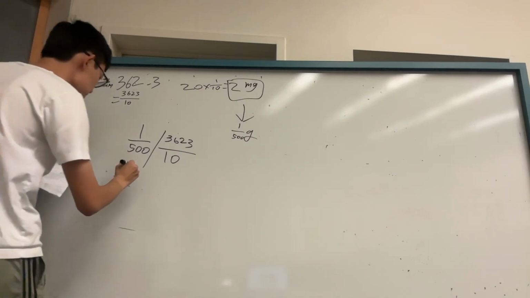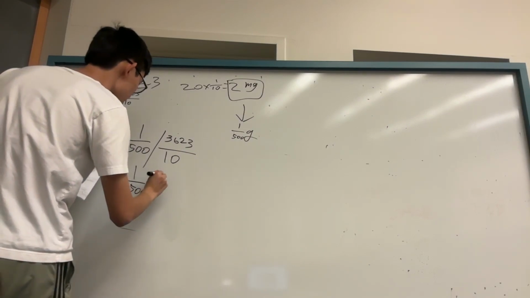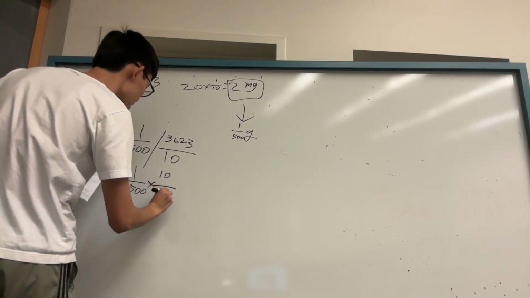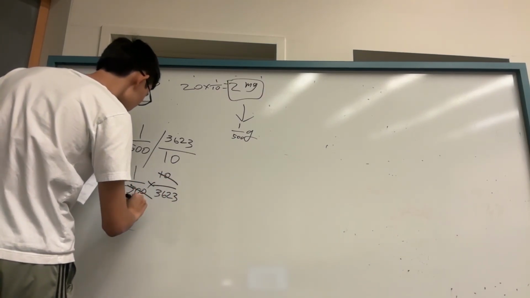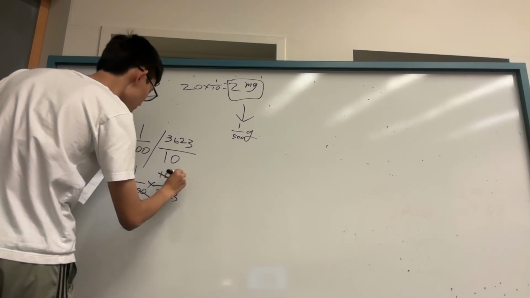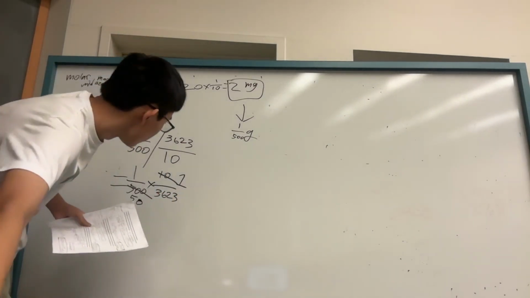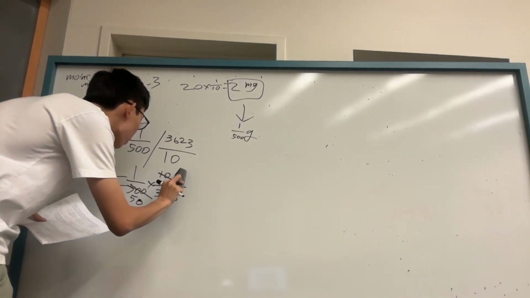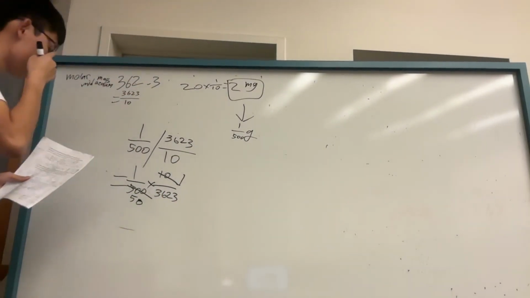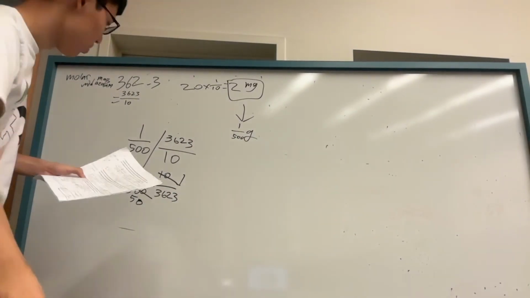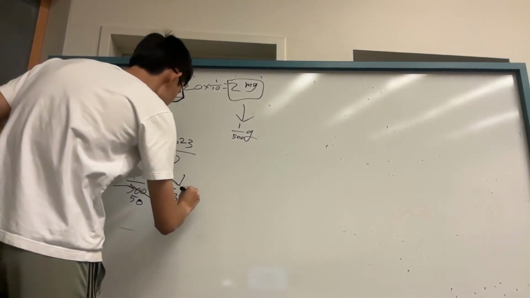So this is times the reciprocal. Okay, and we just need to use a calculator. 1 times 1 is 1.